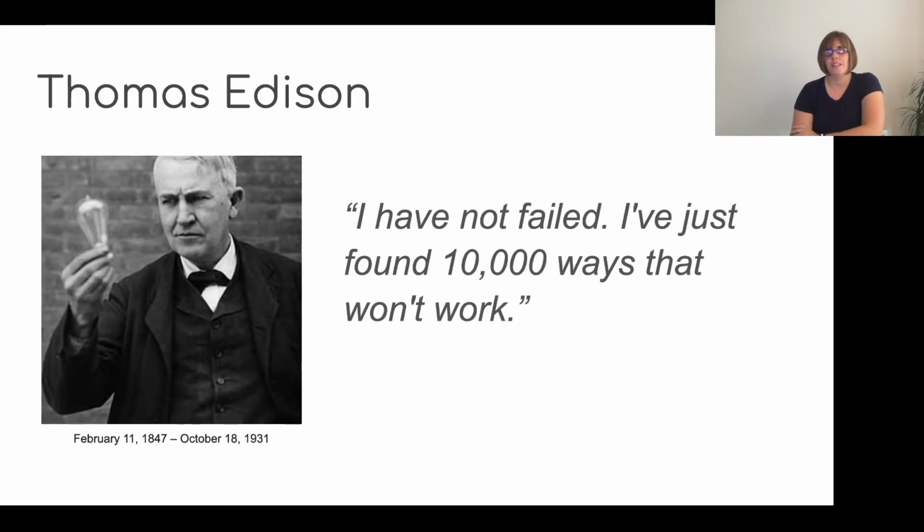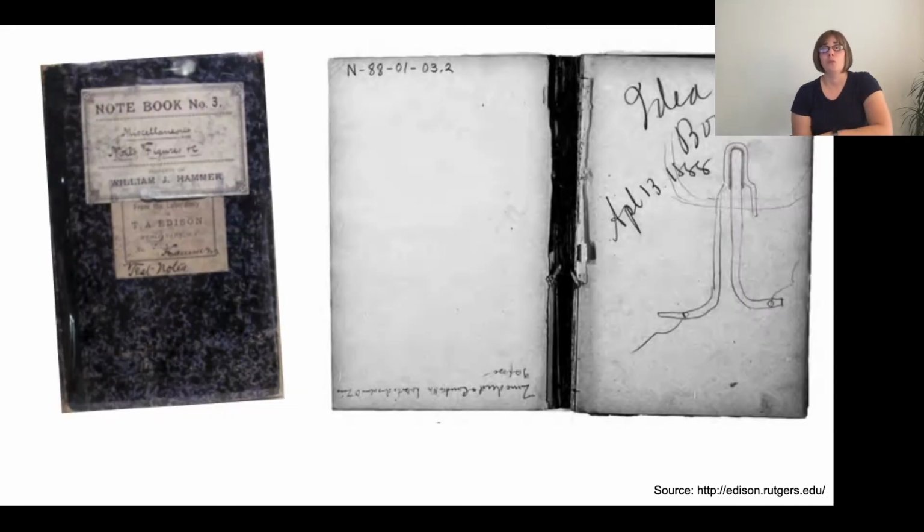And one of the best examples of sketching that I've ever seen is some work by Thomas Edison. Thomas Edison said, I've not failed, I've just found 100,000 ways that won't work. And he did. Rutgers University in the States has a project creating the biggest curated archive of Thomas Edison history.